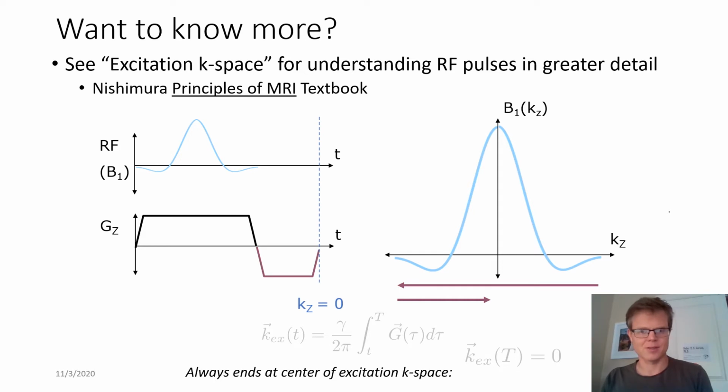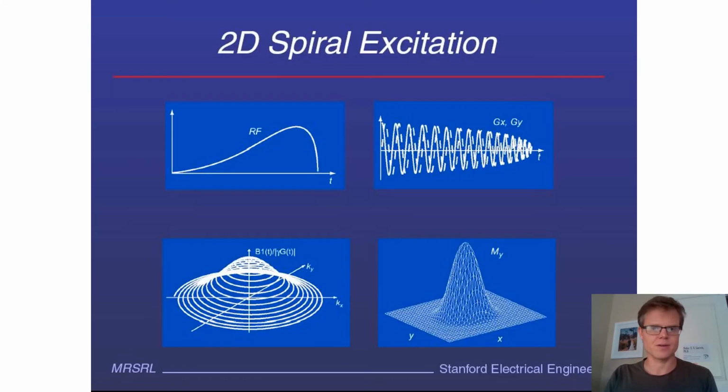The concept of a K-space for RF pulses follows a very similar equation to our readout K-space, and this is a way to understand both this slice select rephasing gradient, as well as some kind of crazy RF pulses like this, where you have a spiral type gradient, so we're doing gradients in X and Y during the RF pulse, and it turns out we can, instead of just exciting a slice, actually excite a cylinder volume too, with something like this. This is more for your knowledge and interest to look further if you like.